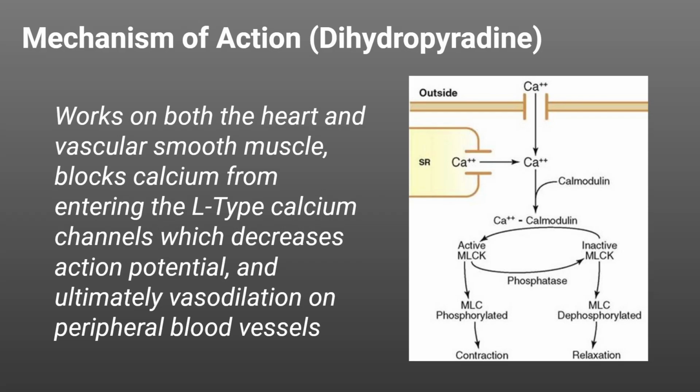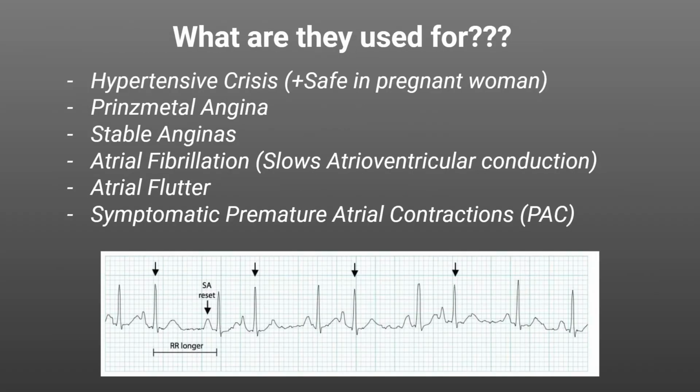Now, just so you know, dihydropyridine, unlike non-dihydropyridine calcium channel blockers, works both on the heart and the vascular smooth muscle. So essentially, it's basically the same. It basically blocks calcium from entering the L-type calcium channels, which decreases action potential and ultimately causes vasodilation on the peripheral blood vessels.